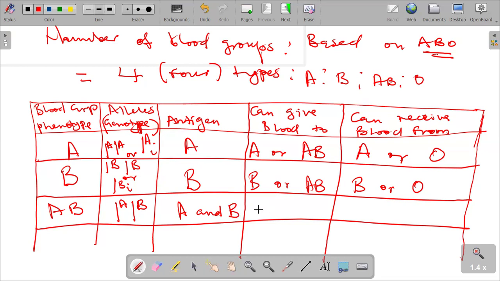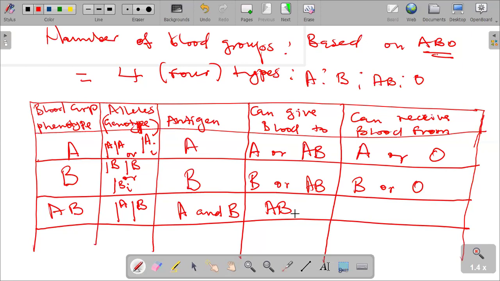This person can give blood only to people who are blood type AB, because antigens A and B are produced at the same time. Otherwise it can cause blood clumping or clotting, where the blood forms clumps of dead red blood cells. This might also kill the patient.